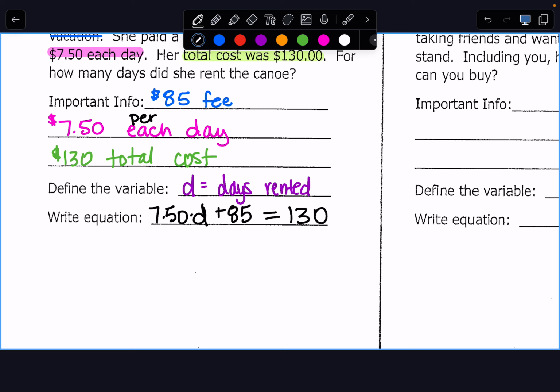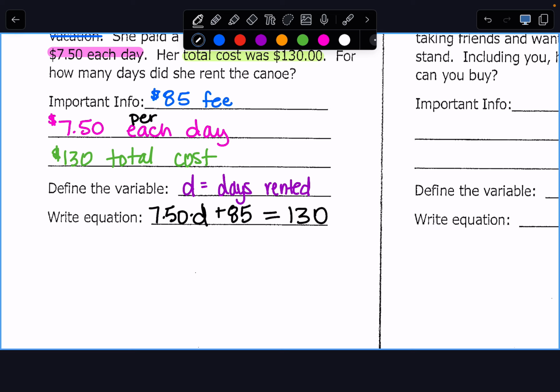So now what operation do we need to undo? Okay, we need to undo this multiplication by dividing both sides by 7.50. So you need to be taking 45 divided by 7.50. What do you get? 6. Okay.